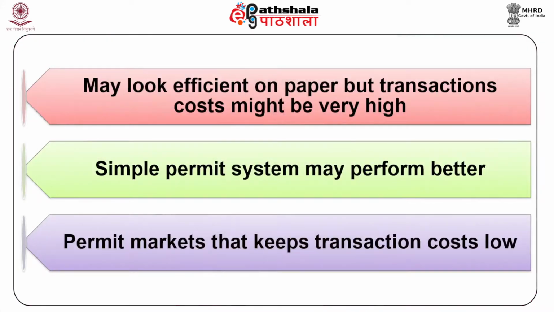A well-designed but complex system of ambient pollution permits may look efficient on paper, but the transaction cost associated with it might be very high. A simple permit system may perform better in this regard. Thus, permit markets may be designed in a manner that keeps the transaction cost low.